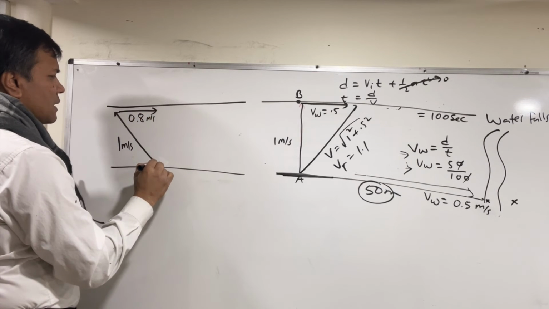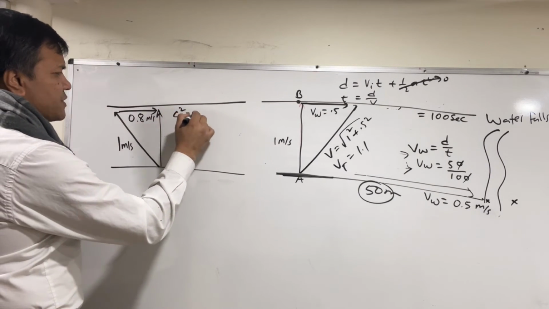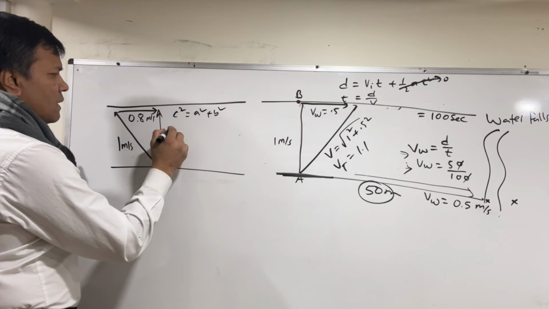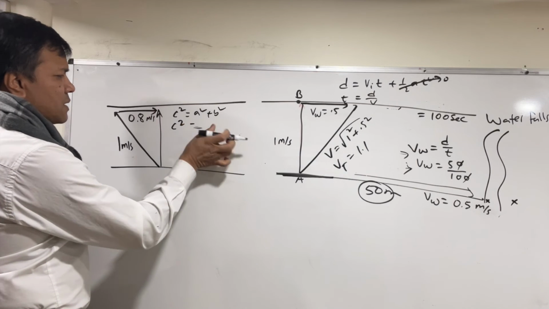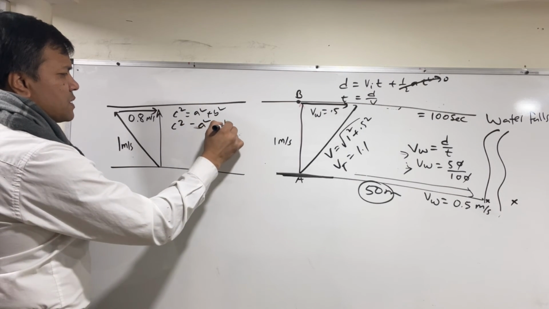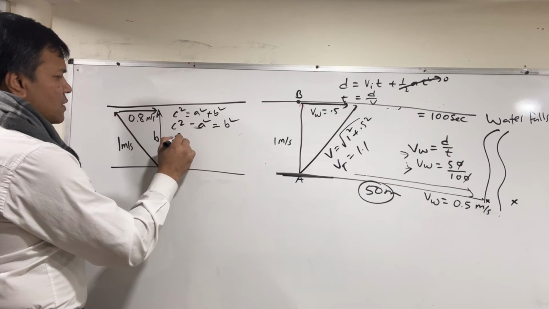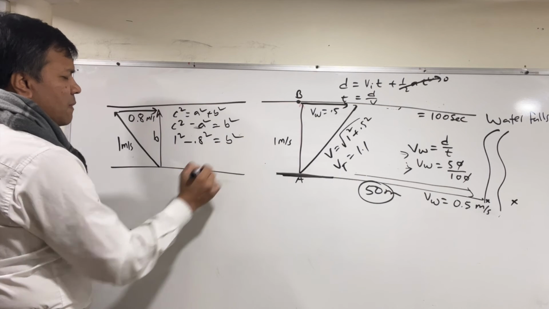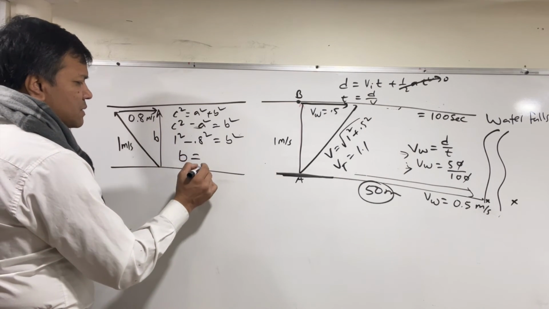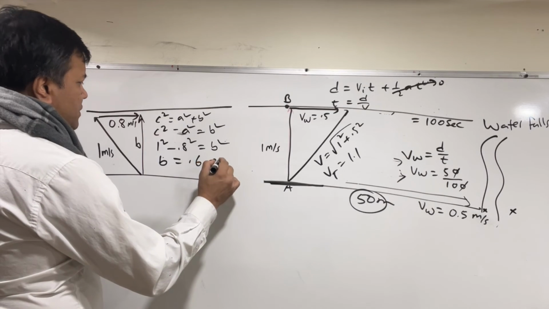Now what would the total velocity be? C squared is equal to A squared plus B squared, so C squared minus A squared is equal to B squared, and this is the B. So 1 squared minus 0.8 squared is equal to B squared, and B turned out to be 0.6 meter per second.